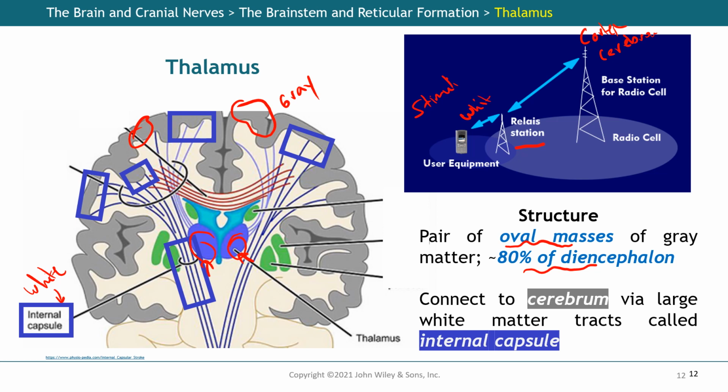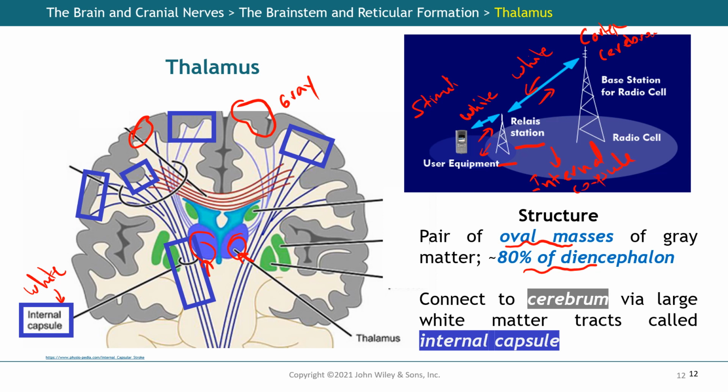Here you're going to have white tracks communicating the signal back and forth. But you need to have relay stations that allow sending that information to the cerebrum to be processed. In the case of the thalamus, these white tracks are known as internal capsule.